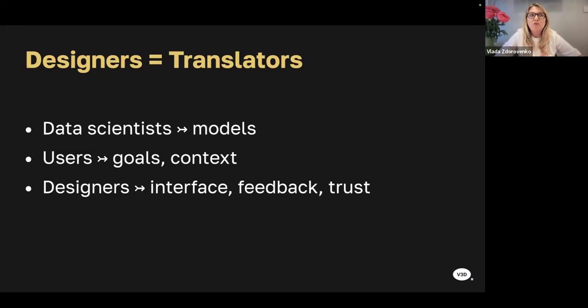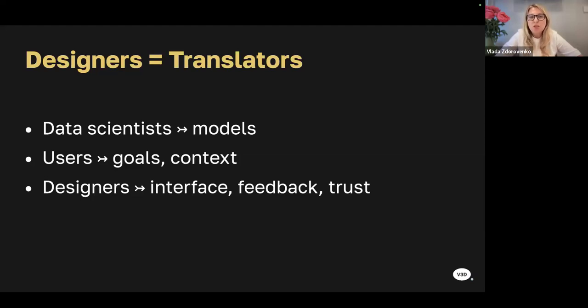Sometimes when I involve my colleagues in workshops, they don't understand the value of their participation, but actually it helps to align all team members on the same idea we are creating, on the vision and mission, and also who our users are, and why it is important to create this type of model or another one. And it's also really important for explainability, especially when it comes to black box systems.